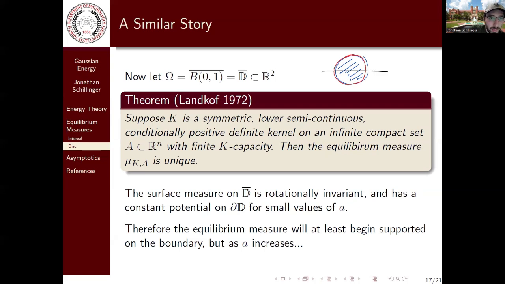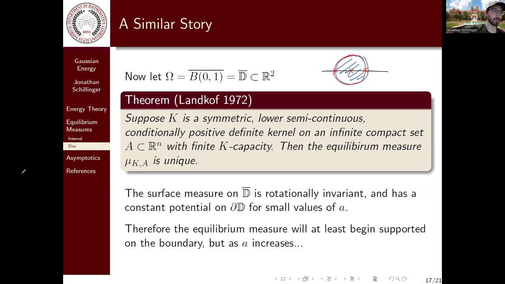Then you have a measure which is supported here and here as a subset of the interval. And what we know for the interval is that eventually, yes, you're supported on the edges, but as A gets larger, we eventually need to include the center. So then there might be a range of A values where the optimal measure for the disk is supported at the center, at the singleton point in the middle, plus the boundary.